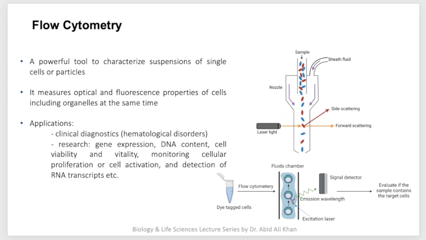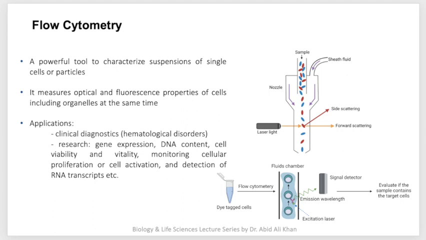This complete structure that you can see in the figure above, in which the sample is injected and then run in a stream line of single cells, is called the flow cell.